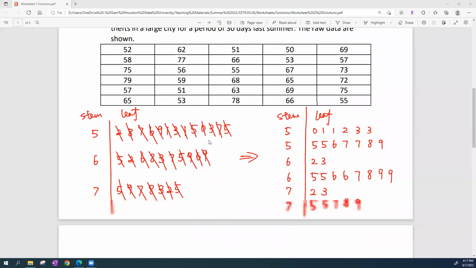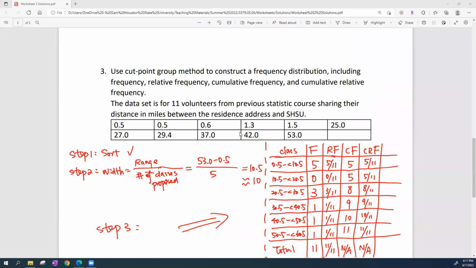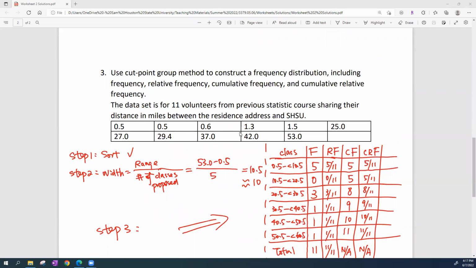That's question number 2. And number 3, we want to use the cut point grouping method to construct a frequency distribution. So including the frequency, relative frequency, cumulative frequency, and then cumulative relative frequency.